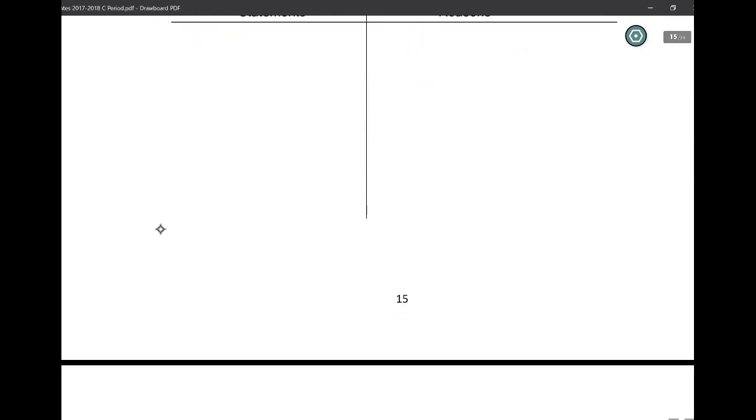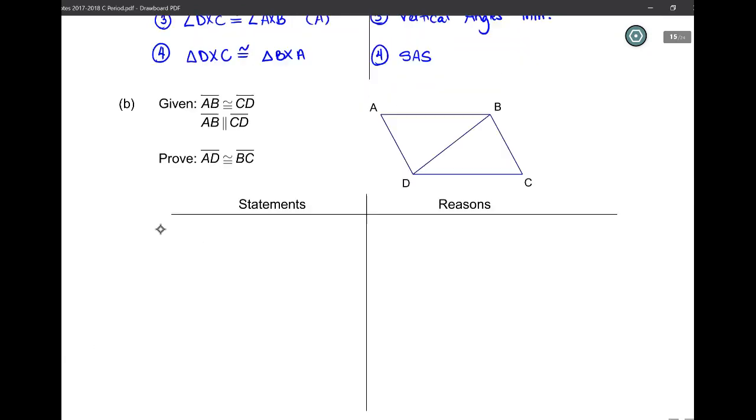Okay, so for our last proof, excuse me, we are given AB is congruent to CD, and we have AB is parallel to CD. So that's our given. Now, if you notice what we're trying to prove this time, it says AD is congruent to BC. So this looks a little different than the others in that we're not proving triangles congruent.